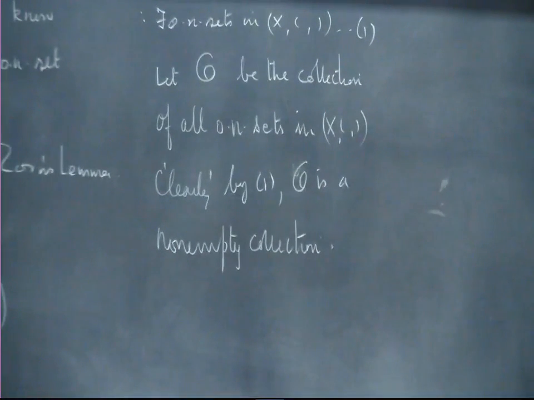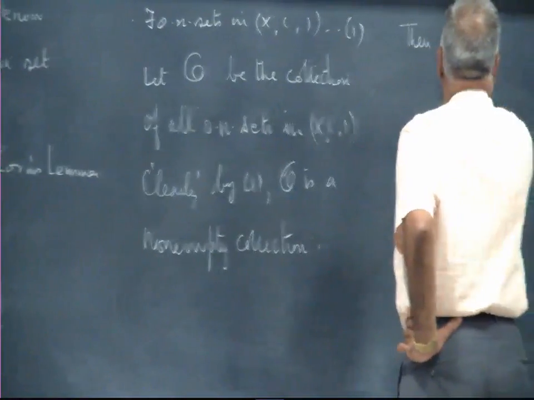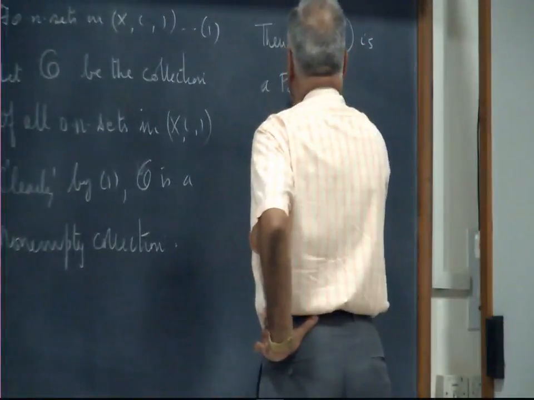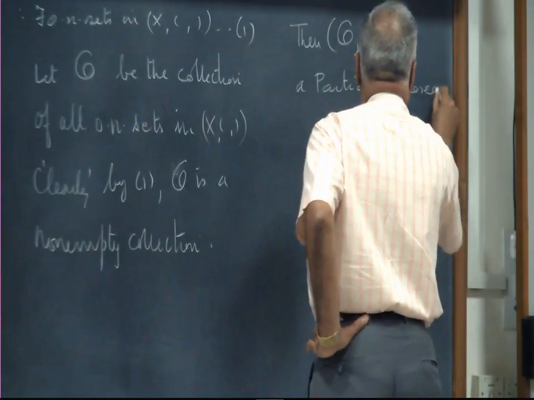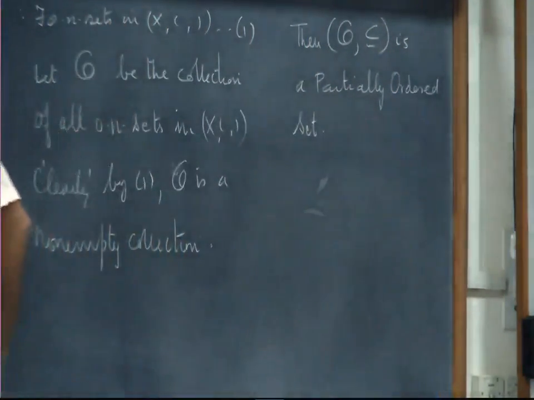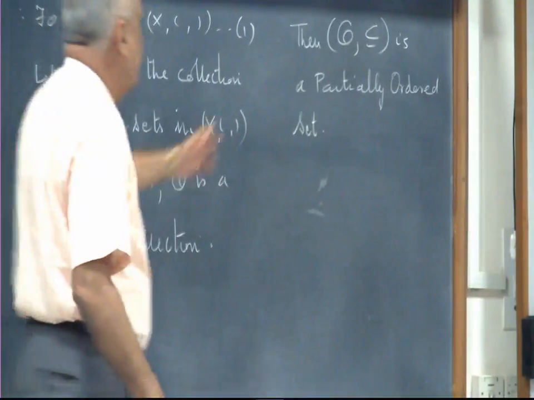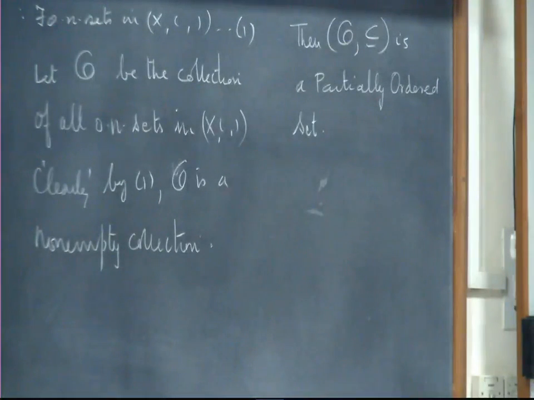Whenever there is a non-empty collection of sets, you have a standard partial order, namely the subset relation. Then O is a partially ordered set. So, what we are trying to say is we want to find a maximal element in this partially ordered set, and the existence of a maximal element in a partially ordered set always comes from Zorn's lemma.